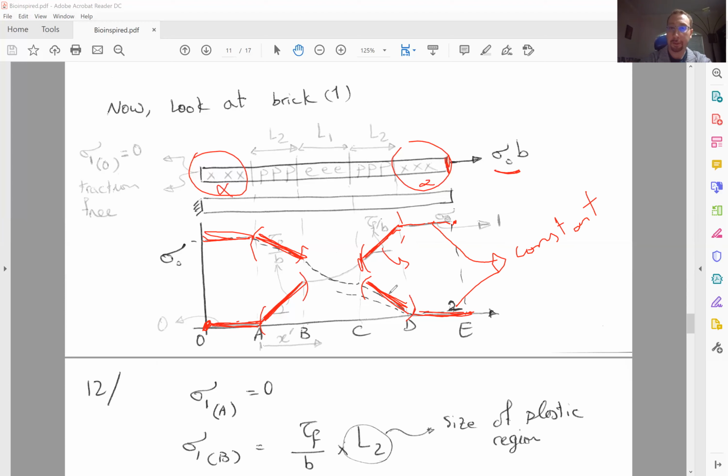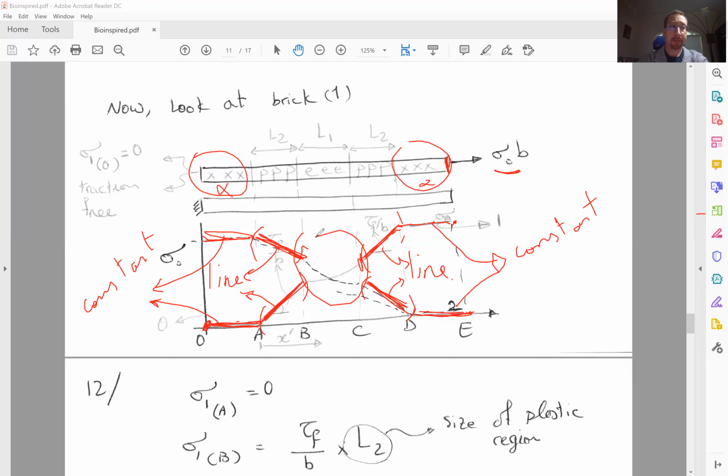These two regions are linear, by symmetry, and these two regions are constant. And the region in between is elastic.